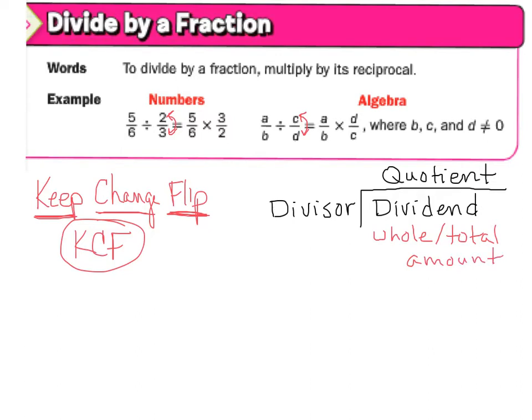We also need to remember that the divisor is the number of parts that we want to divide it into. This will help us later when we get into our division problems. And then our quotient is the answer. So please take time to add these notes into your book. It'll help us when we get to our story problems here at the end of this lesson.